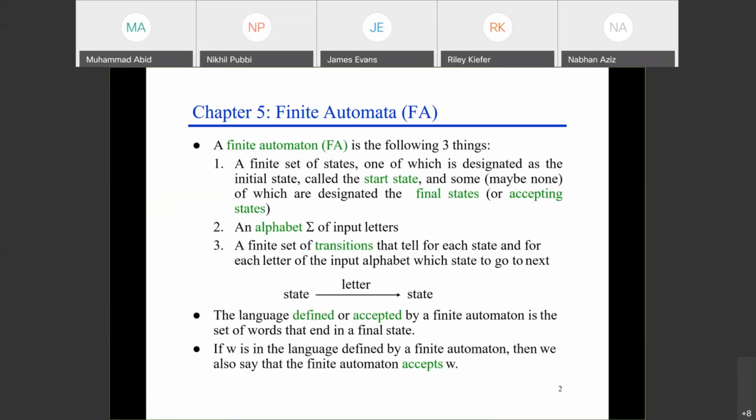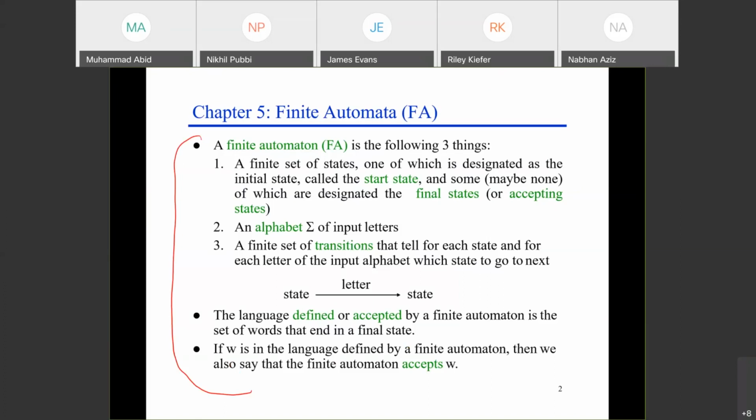FA stands for finite automata. So what is this FA? FA means that if you have these three things, this information, and you represent your language this way, we can call it an FA.